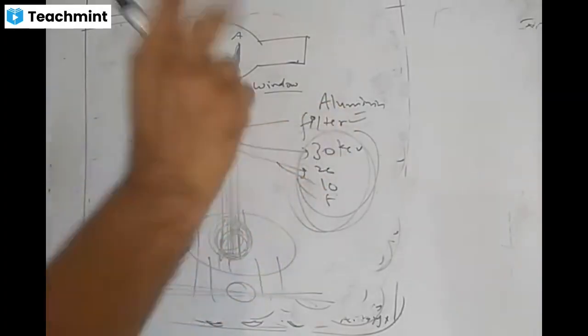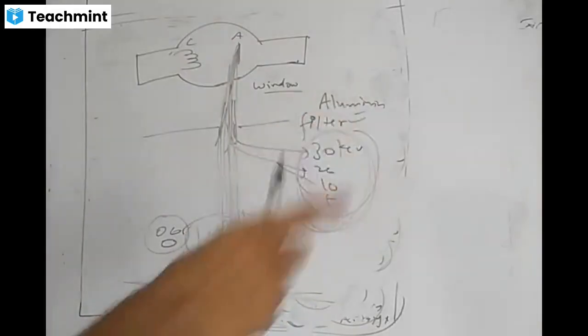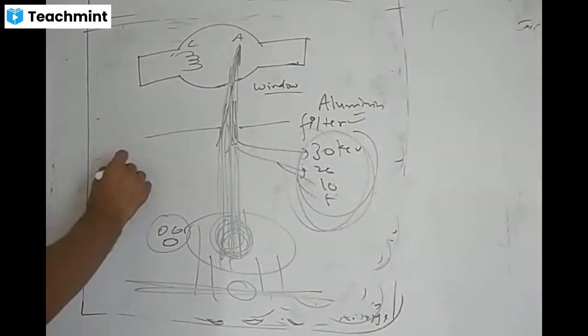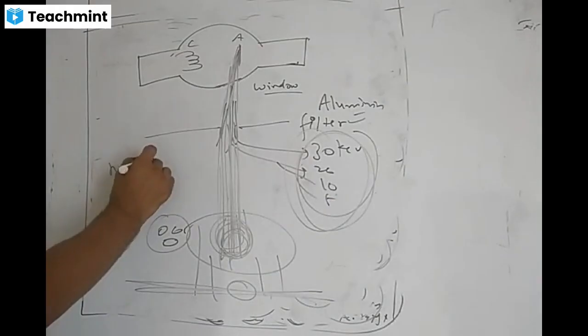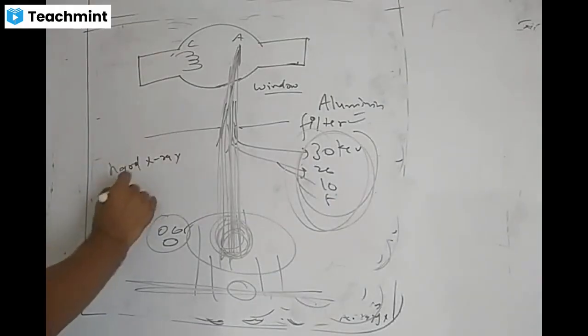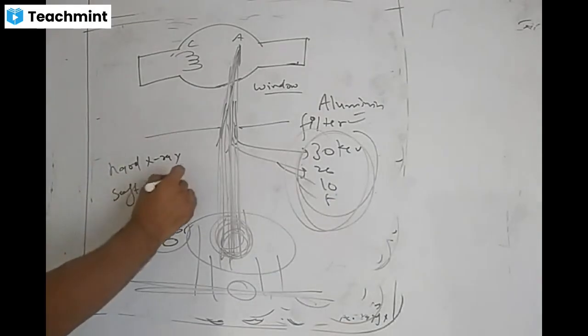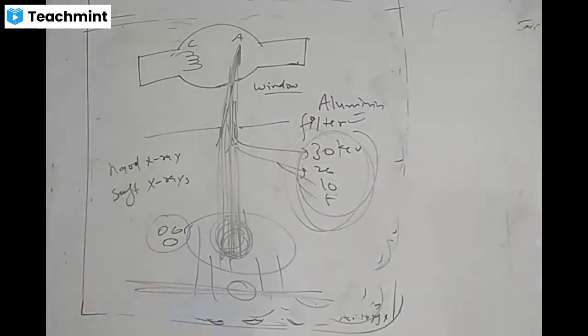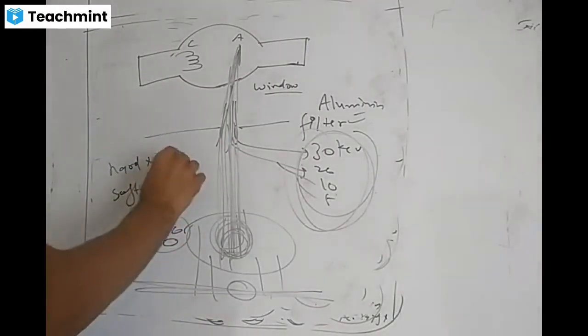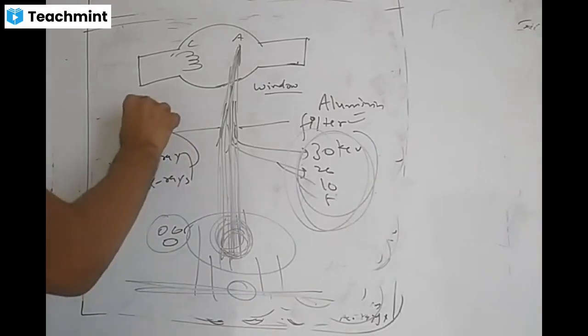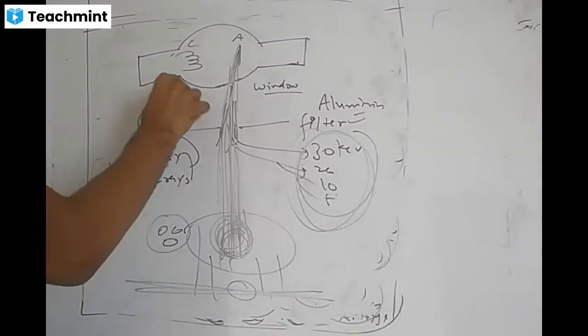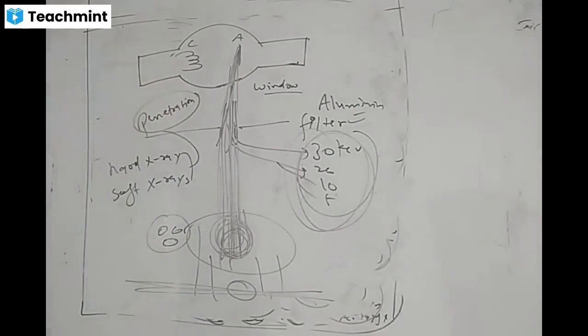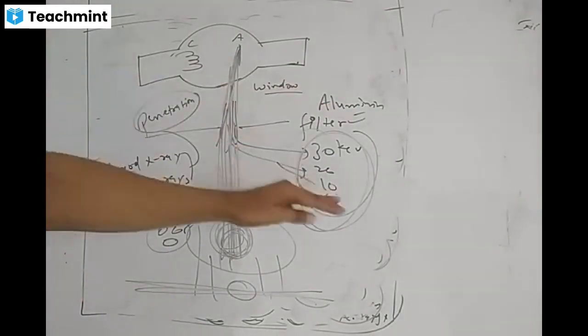With this concept, in the 2020 ICAR exam, they asked one MCQ: what are hard X-rays and what are soft X-rays? The terminology of hard and soft X-rays is based on penetration. In this beam, we have X-rays of different energies.